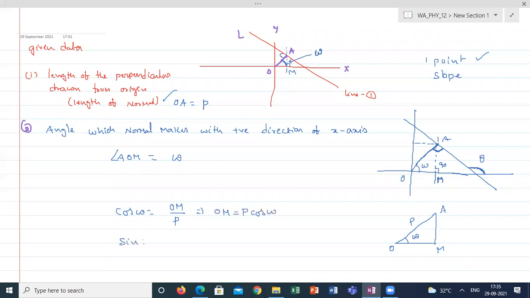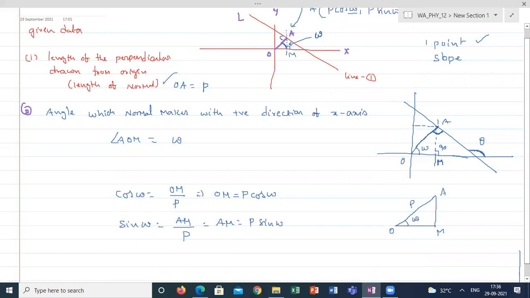And sin omega is equal to AM by P, so AM is equal to P sin omega. From here, the coordinates of A are (P cos omega, P sin omega), where omega is the angle between the normal and the positive x-axis, and P is the length of the normal, the perpendicular distance from the origin.